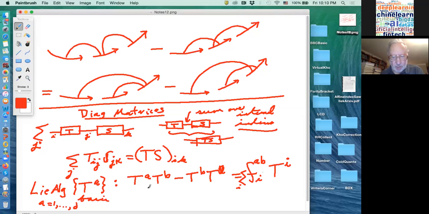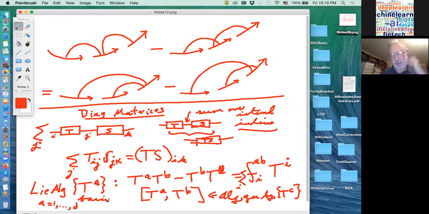In other words, the commutator of T_A and T_B belongs to the algebra generated by the T_C's. Yeah? That's a Lie algebra at the matrix level. A Lie algebra is an algebra, linear algebra of matrices, which is closed under brackets. Of course, you can be fancier than this.